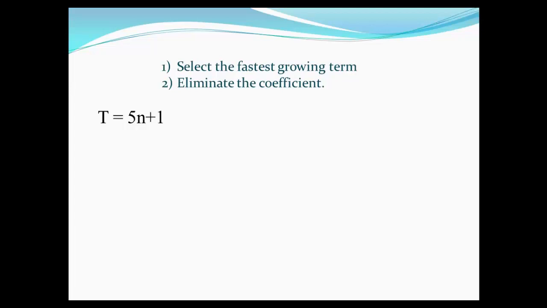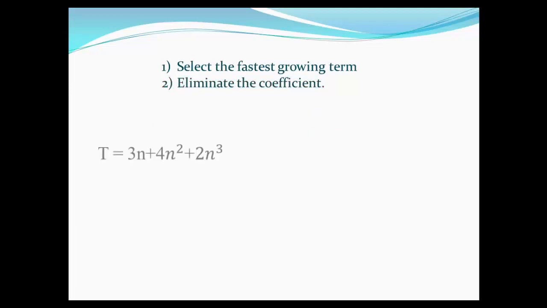So here the fastest growing term is 5n. So select this 5n. And now second one is find out the coefficient. Here 5 is the coefficient. So now the work is to eliminate the coefficient. So if we eliminate this coefficient, the result is n. So the time complexity of this equation is O of n.